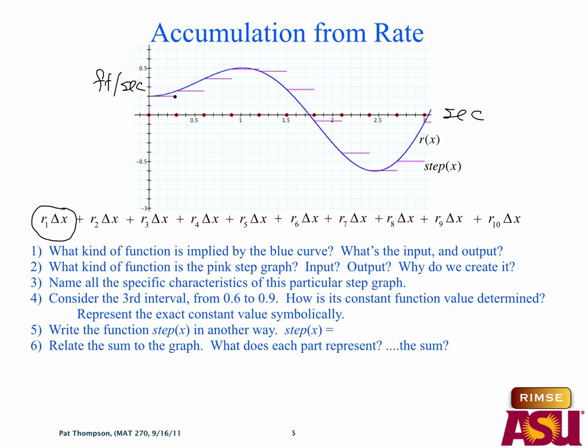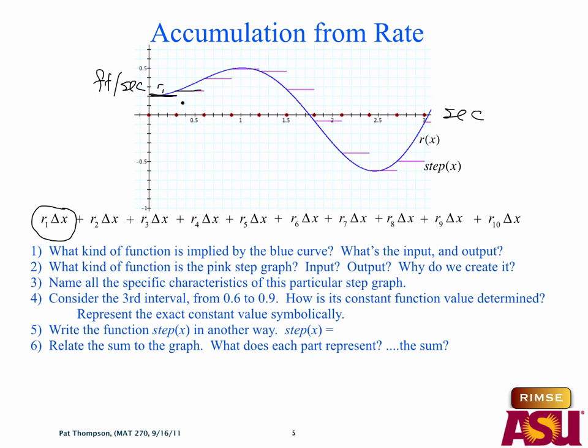In fact, it's the first constant rate that we see in this picture. R2 is this y value. R3 is this y value. R4 is up here, this y value.